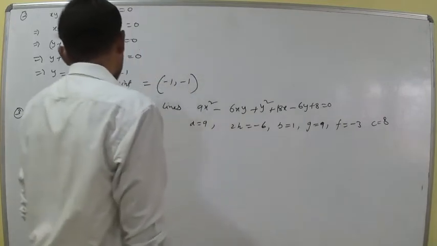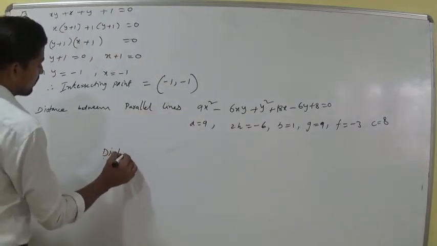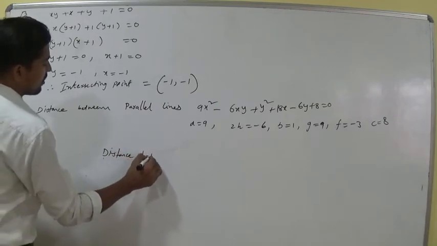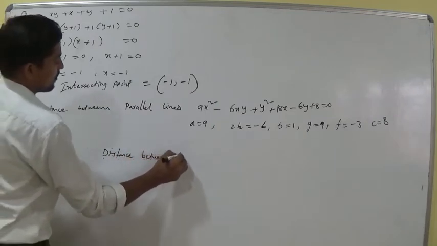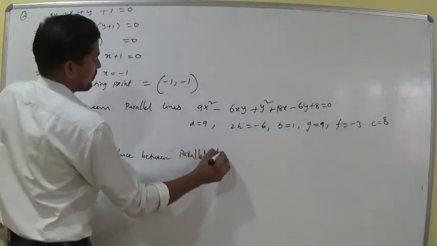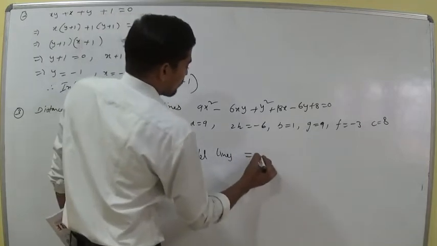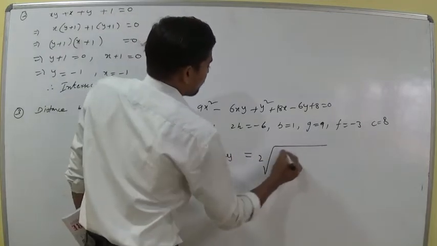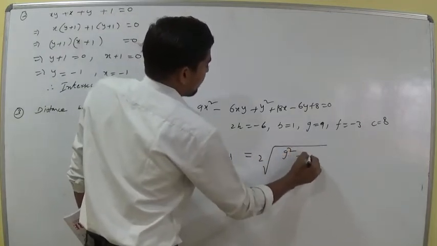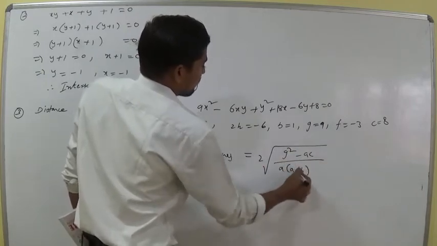The distance between the parallel lines is equal to 2 square root of (g² − ac) by a(a + b).